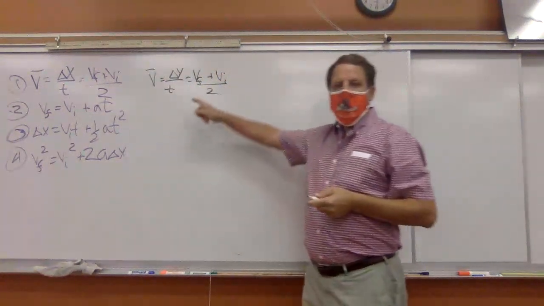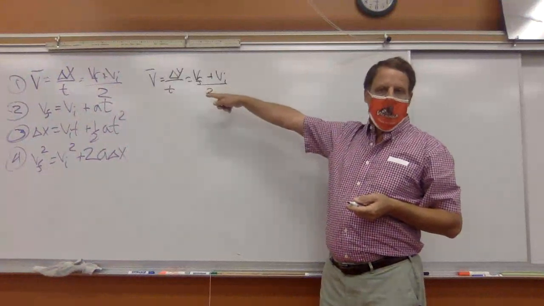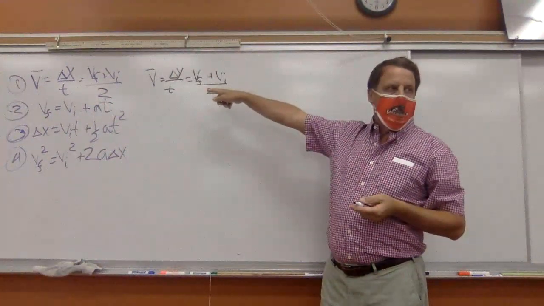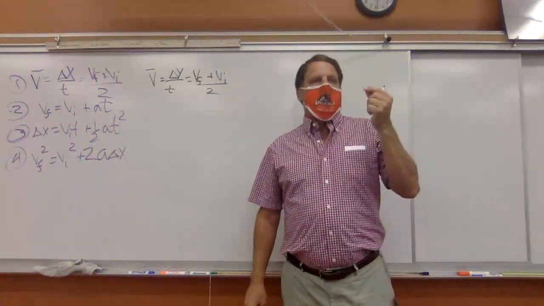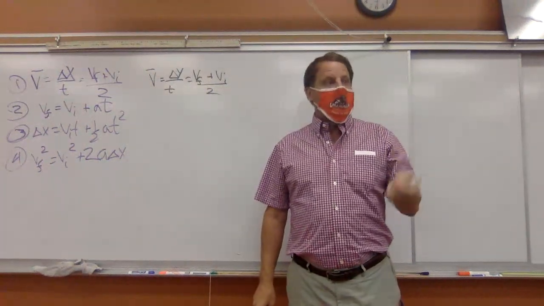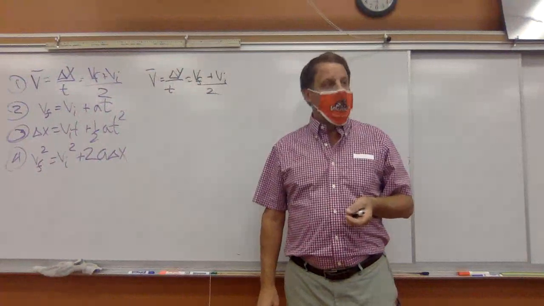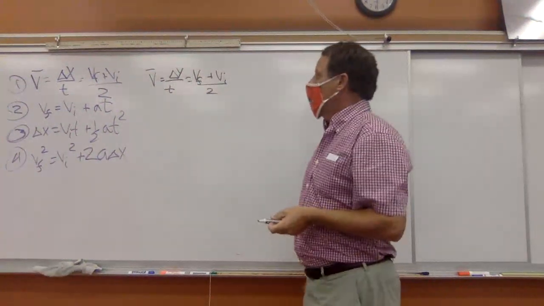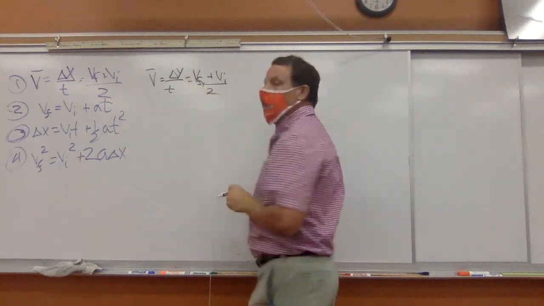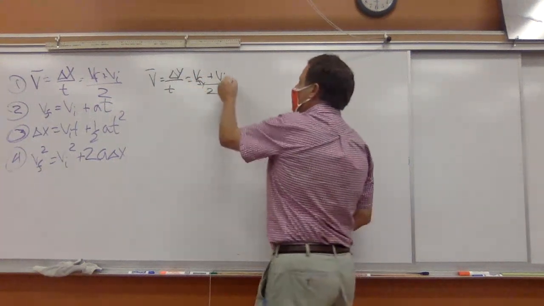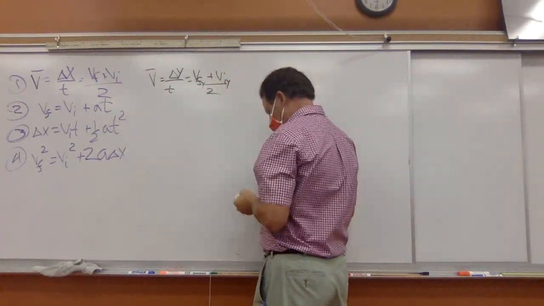Sometimes, and we're going to see this pretty quickly, maybe even by Thursday, we're going to be doing problems that are two-dimensional. So what we might have here is v final y and v initial y.